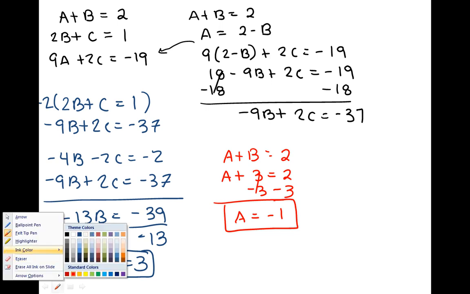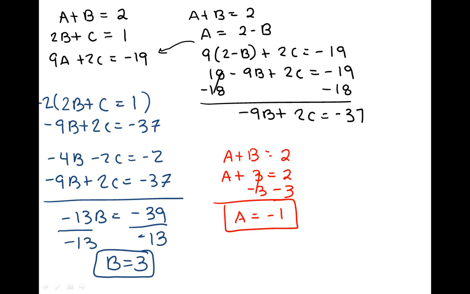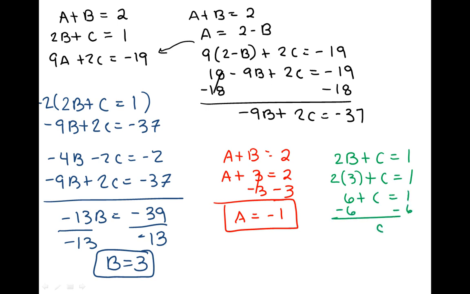And then 2b plus c equals 1. So 2 times 3 plus c equals 1. 6 plus c equals 1, so subtract 6. So c equals negative 5. So I have everything I need now to write my partial fraction decomposition.